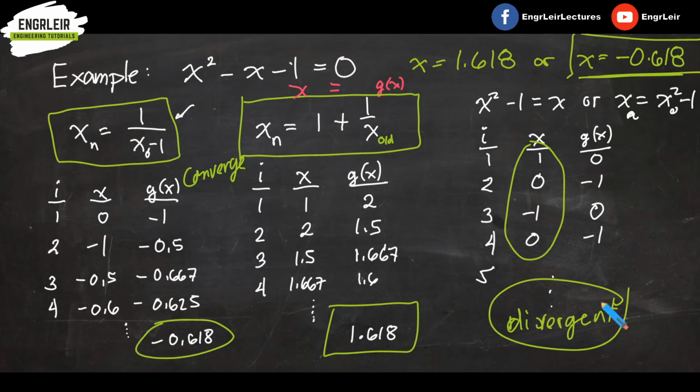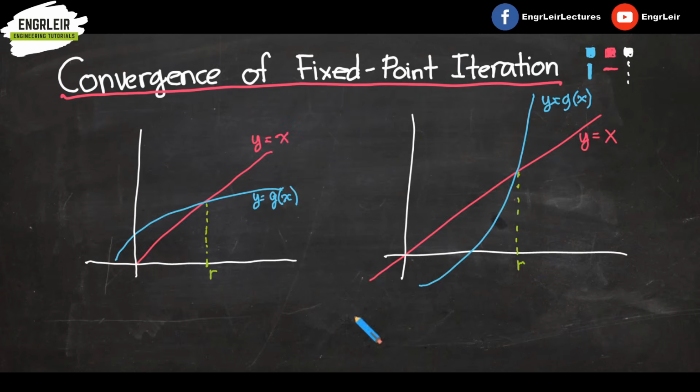Itong isang to, yung x equals x squared minus 1, this is divergent. So, sa fixed point iteration, merong ganong issue. Actually, sa mga open methods, no, lahat sila dahil wala kang bracket, wala kang limits, maaari silang may chance na mag-diverge. Let's investigate that, no?